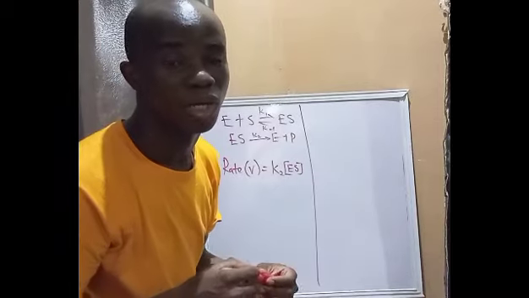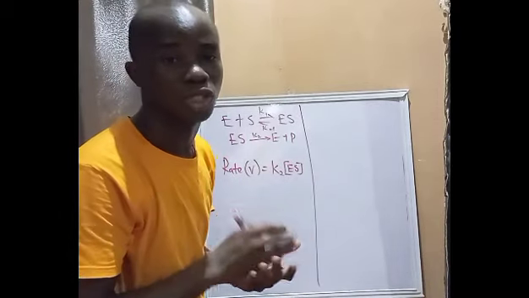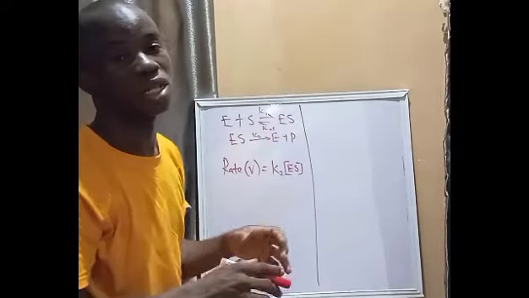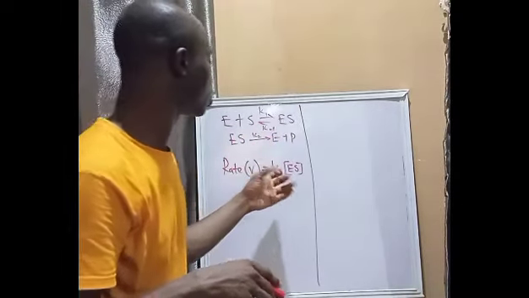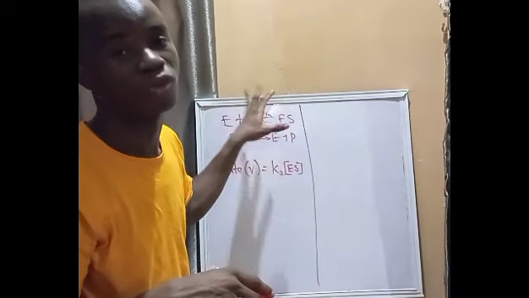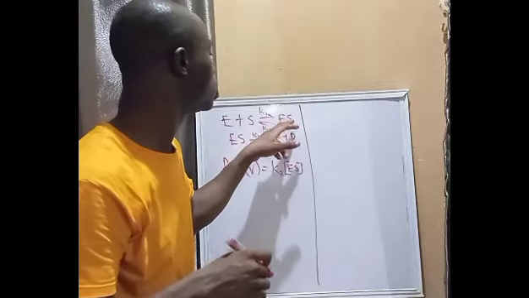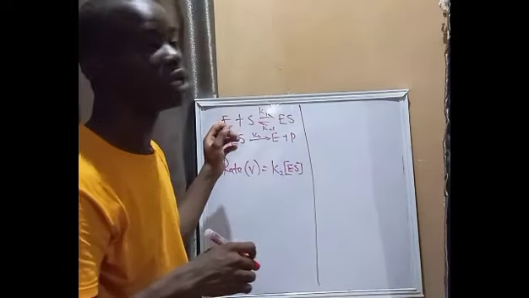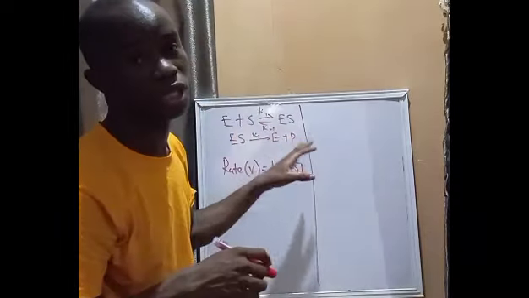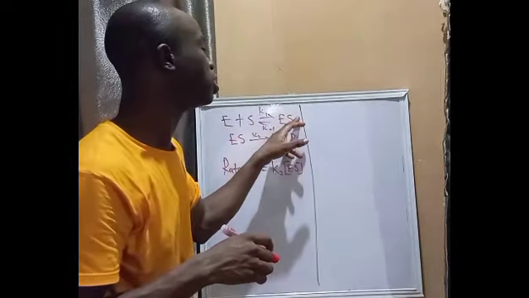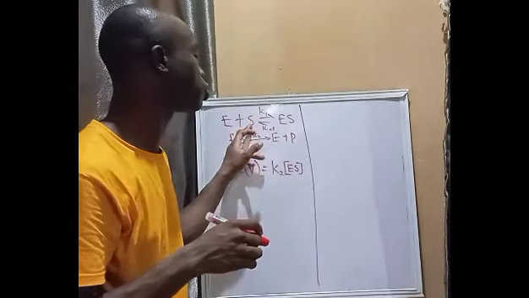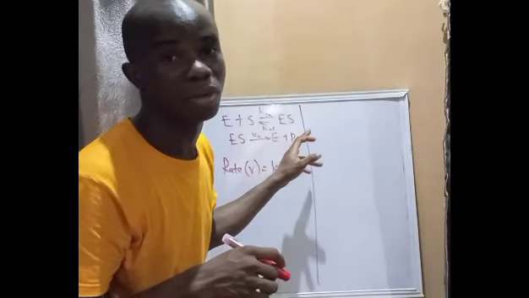Because the rate of reactions depends on the concentration of the reactant, and the reactant in this second step is the enzyme substrate complex. Now, in this described mechanism for enzymatic reaction, this enzyme substrate complex is an intermediate, because by the time you sum up all these reaction steps, the ES will cancel the ES, and you are only left with enzyme plus substrate giving us enzyme and product.